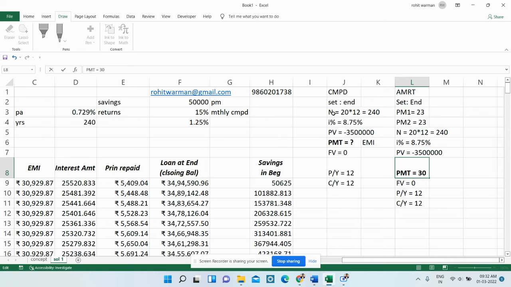You will get 3929. Then after that, you will see the balance. You have to find what the balance is, and simply press solve.